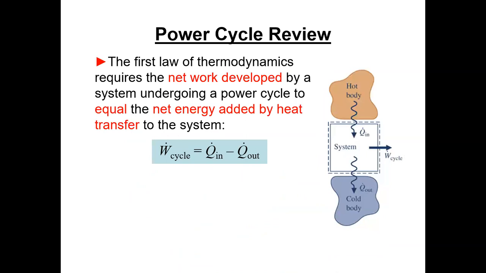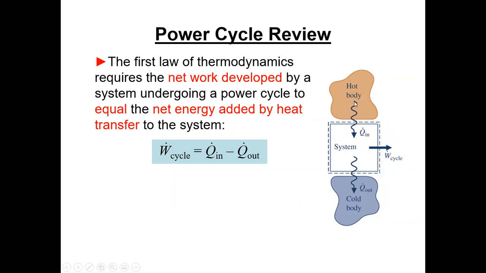Okay, so first law of thermo, just to refresh a little bit, requires that net work developed by a system undergoing a power cycle equals the net heat. So as long as it's a power cycle, we can draw these little diagrams where we've got some sort of a hot reservoir and we transfer heat into the system.